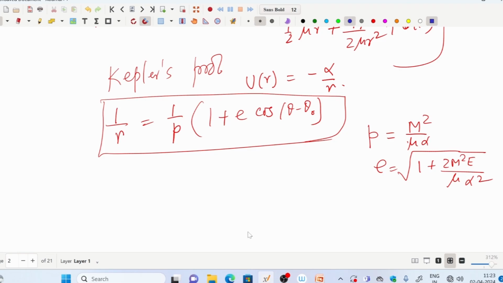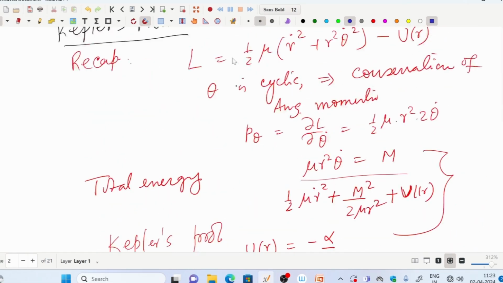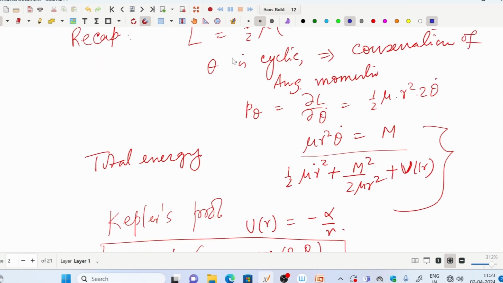So let me recap again. We were considering the two-body central force problem and two constants of motion, the angular momentum and the total energy, and from here you can integrate using this relation. You can integrate for theta and r to find the solution. That integration we did in the last class, and we found that this is the solution.